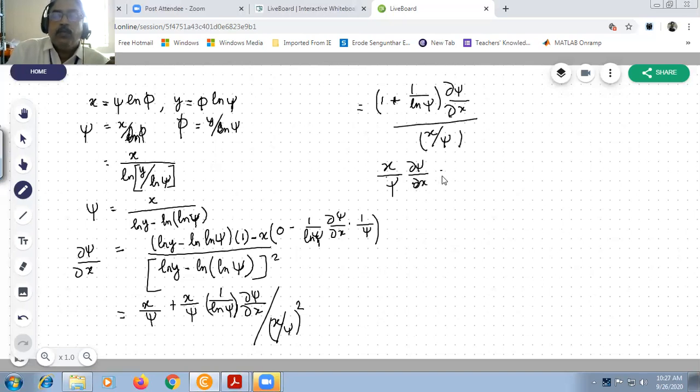∂psi/∂x is equal to 1 plus 1 by ln psi, ∂psi/∂x. A little bit longer problem, right?